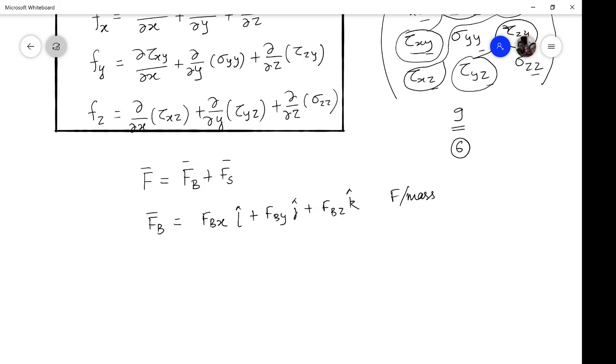Now, as in the previous case, where we did it per unit volume, if this is per unit mass and you multiply this whole equation by density, then this becomes per unit volume. So the body force vector per unit volume will be rho fbx i, rho fby j, and rho fbz k. So this will be the body force.